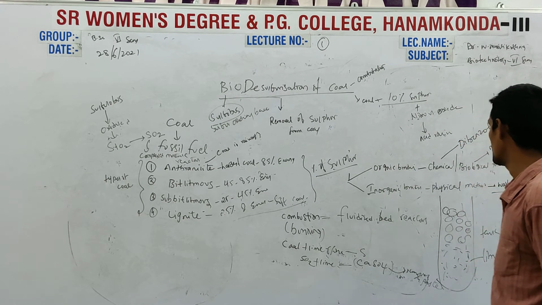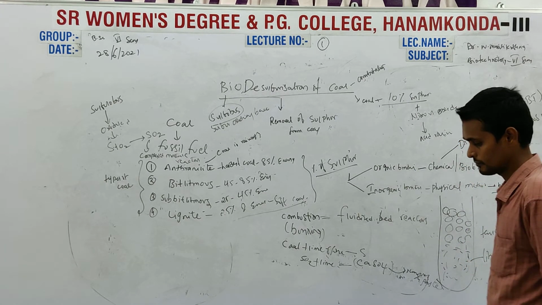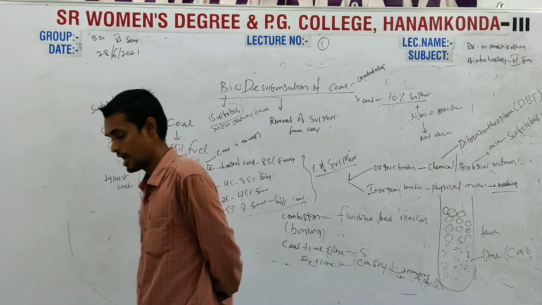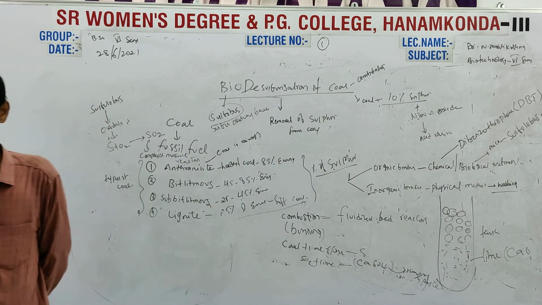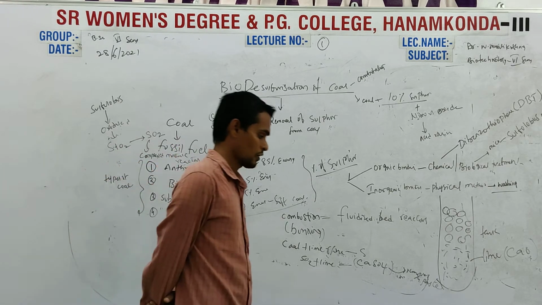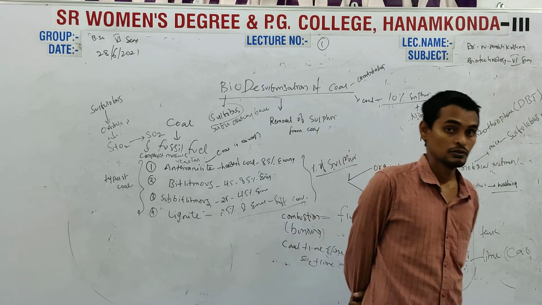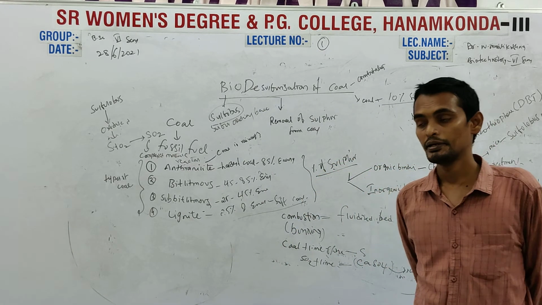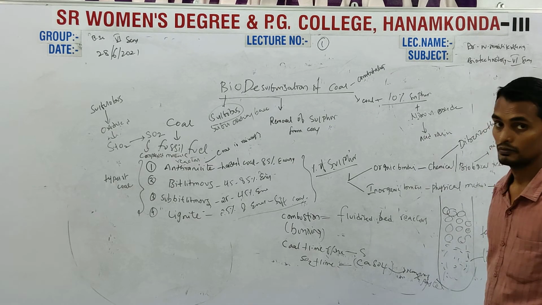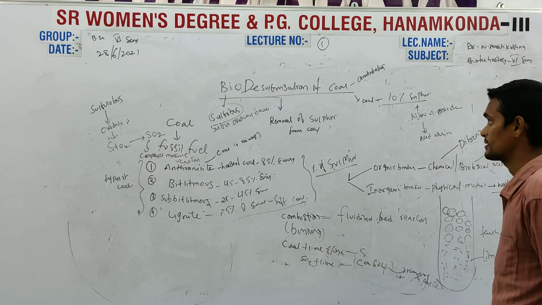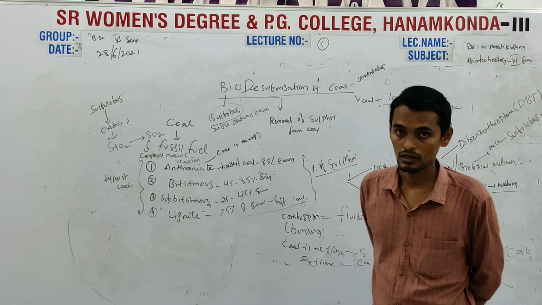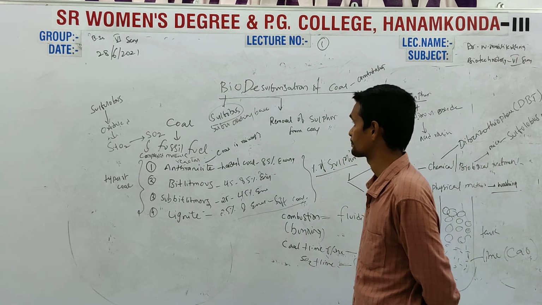Whereas coming to biological treatment, we use certain microbial organisms which have the ability to oxidize the sulfur, which makes it less toxic. These are called sulfur oxidizing bacteria.